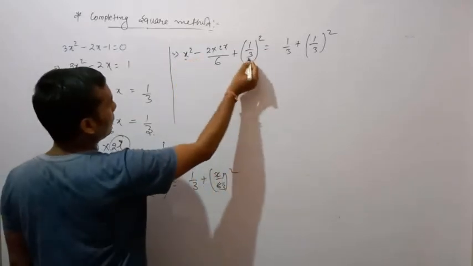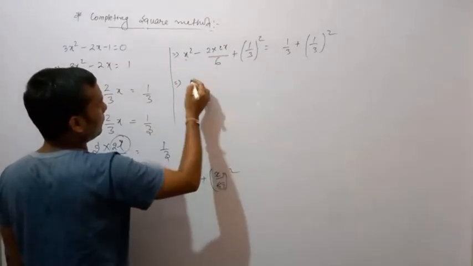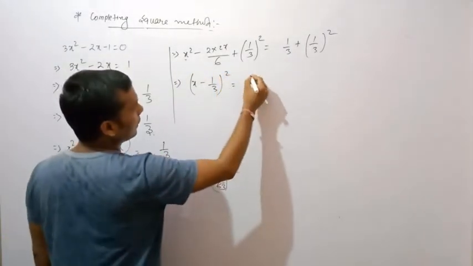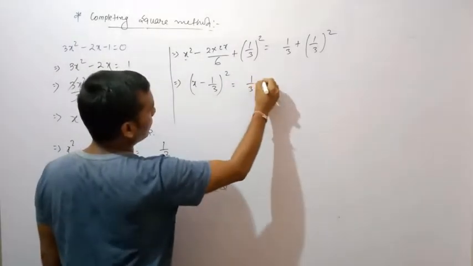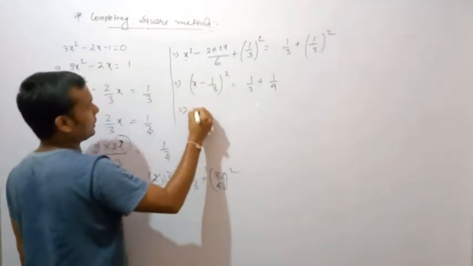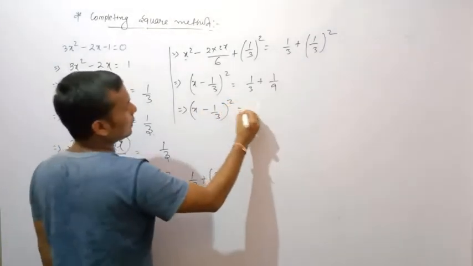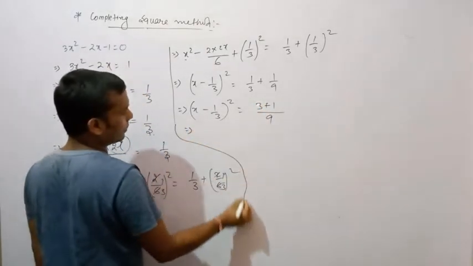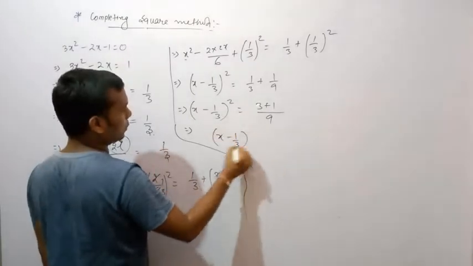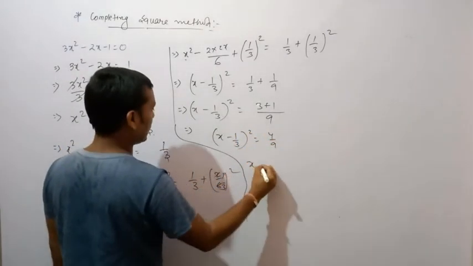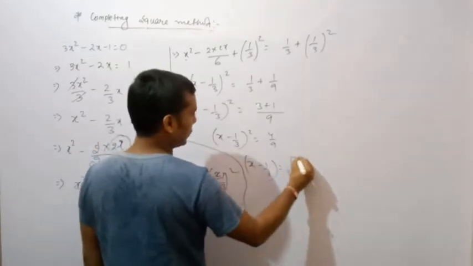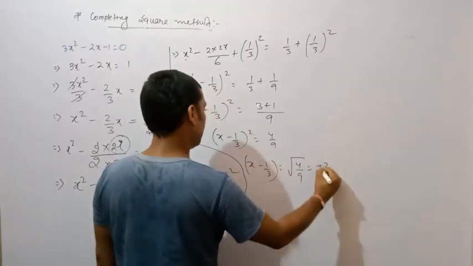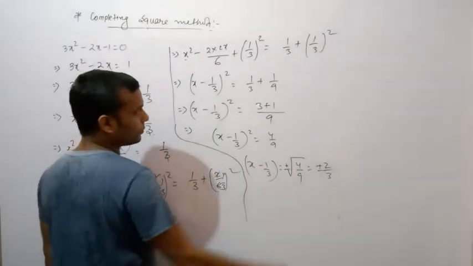Now (a − b)² is (x − 1/3)². On the RHS we have 1/3 + 1/9, and the LCM is 9, so we have (3 + 1)/9. So (x − 1/3)² = 4/9. Then x − 1/3 is the square root of 4/9, that is ± 2/3, since the root is over here.